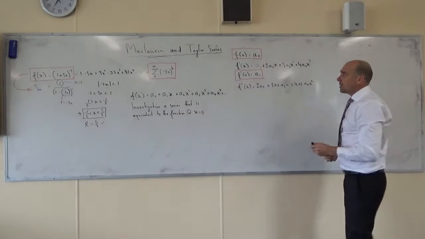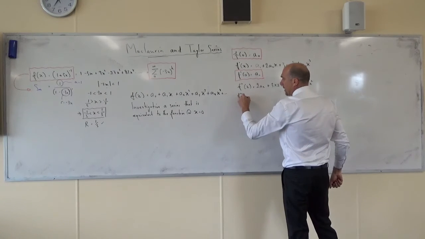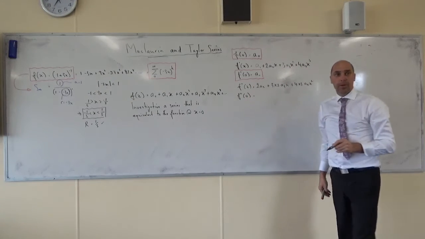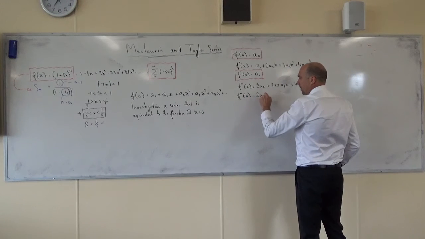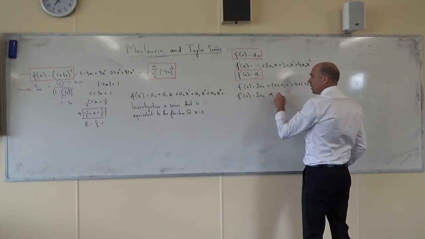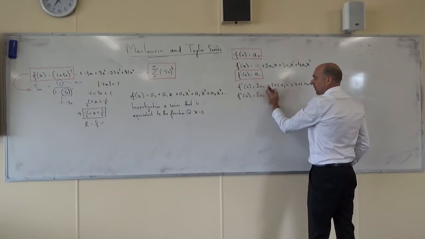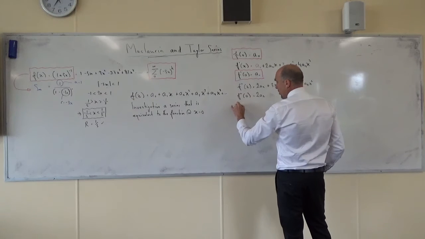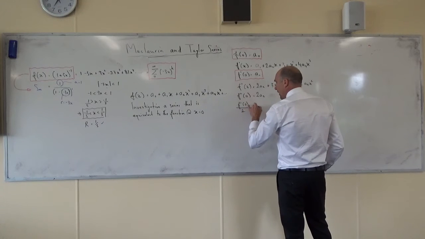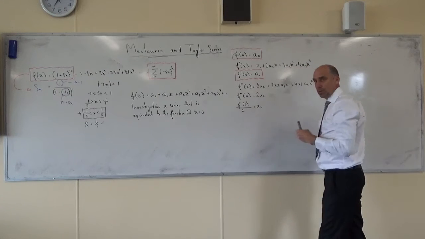Cool? What's f double dash 0 equal to? 2a2. This implies, maybe I'll do that underneath so it makes sense, so what's a2 equal to? f double dash 0 divided by 2 equals a2.